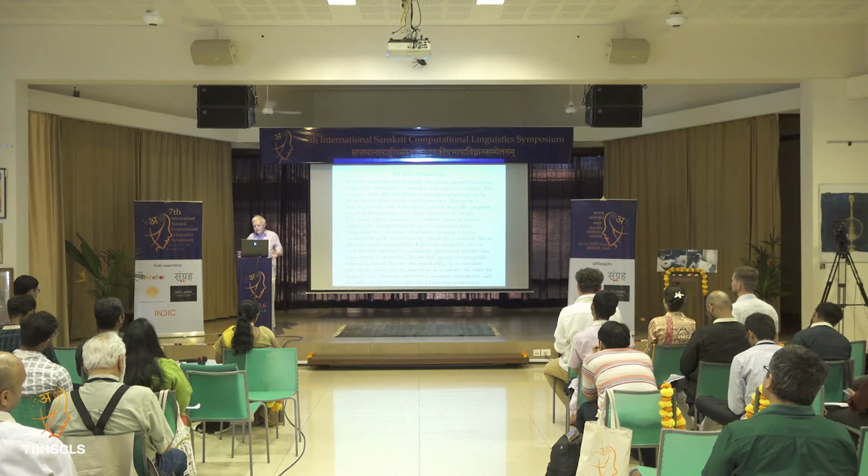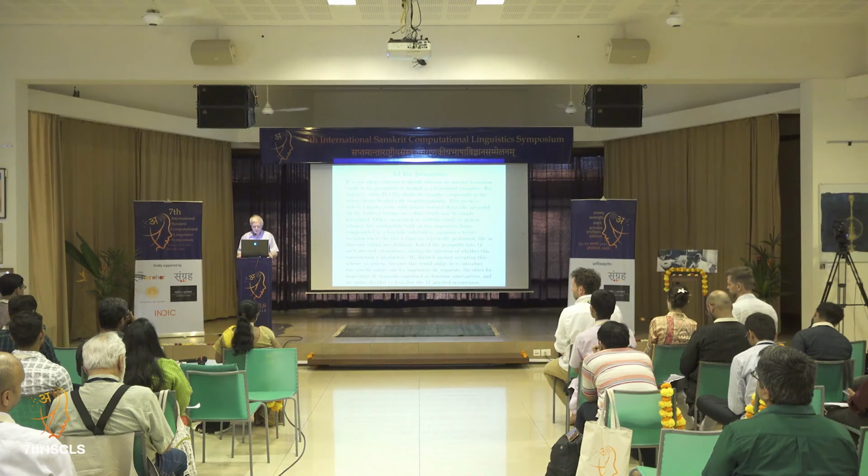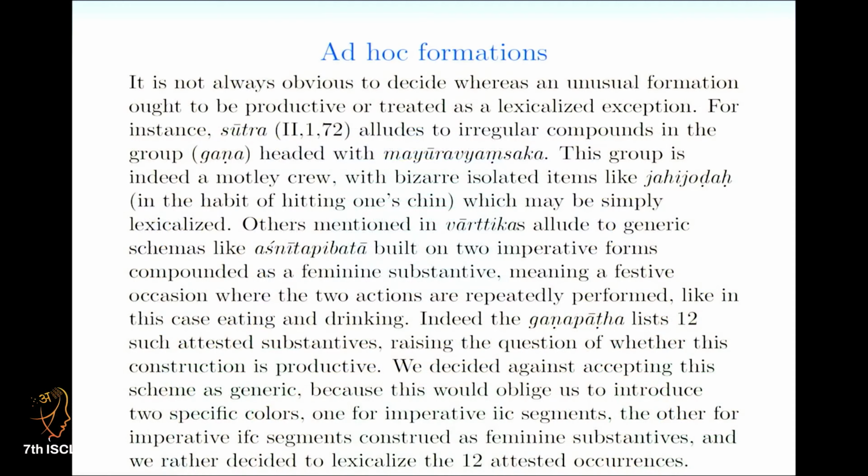And actually, the Ganapatha lists only 12 such attested substantives. So I claim the construction is not productive, and so I don't admit this as a generic scheme. I just enter the 12 items in my lexicon, and that's it.